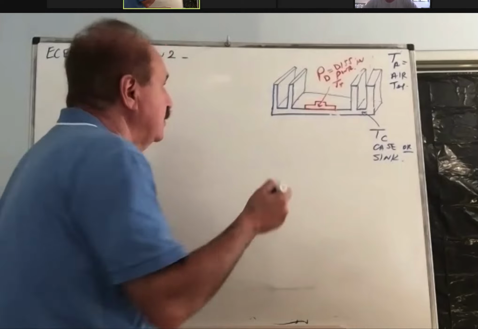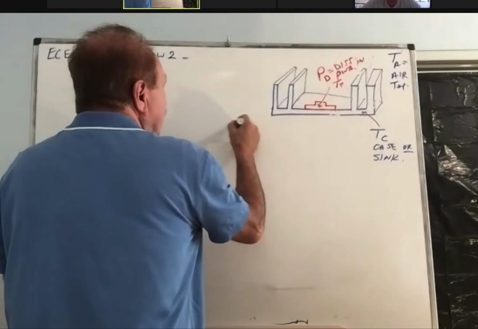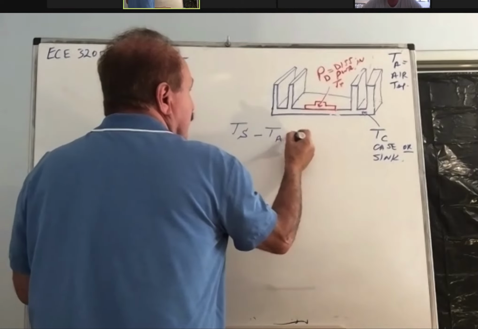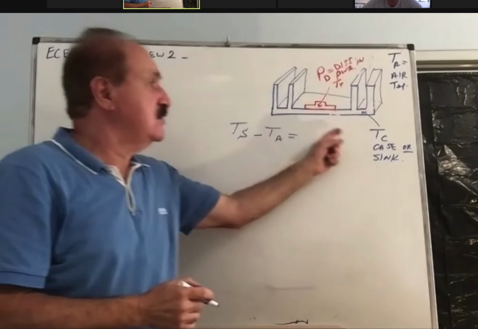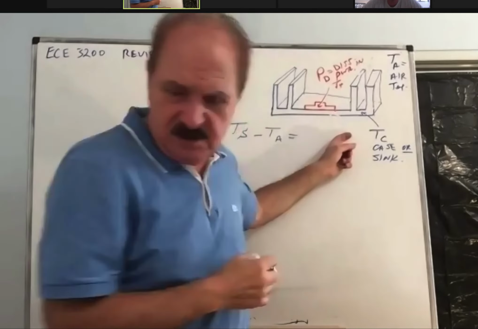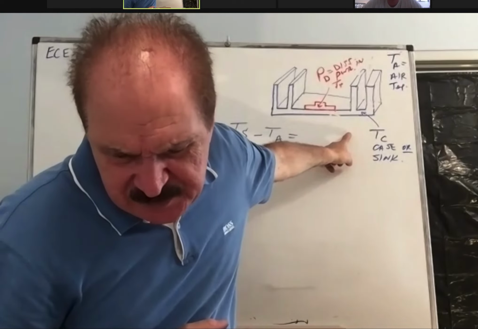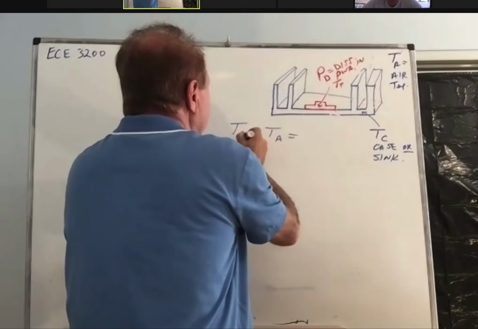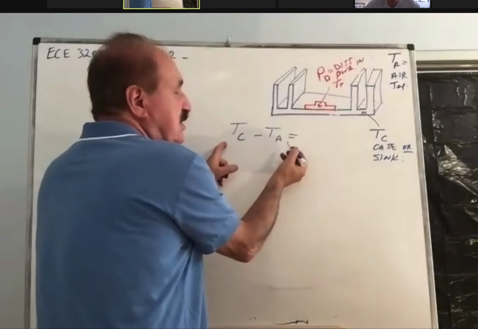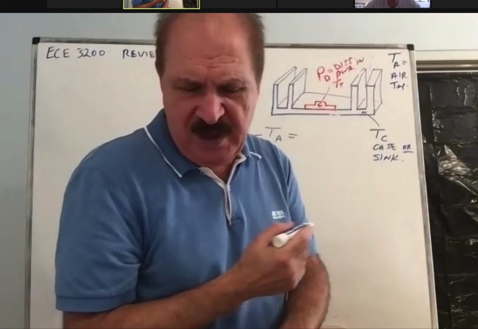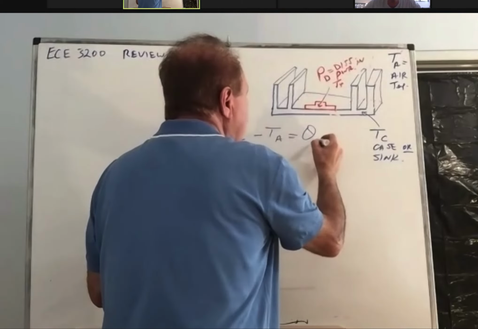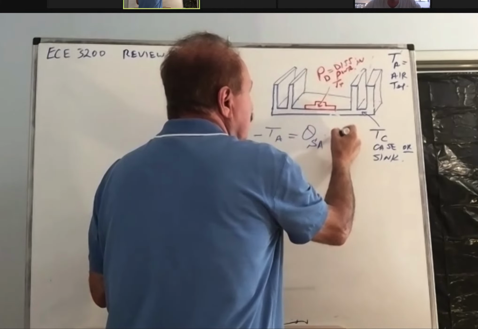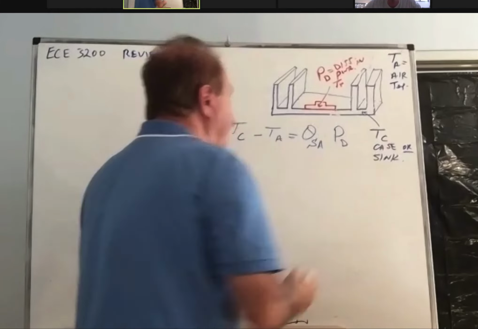the following will apply. T of the S minus T of the A, the temperature difference between the sink and air, I call that TC minus TA, will be equal to a coefficient known as theta SA times the PD.